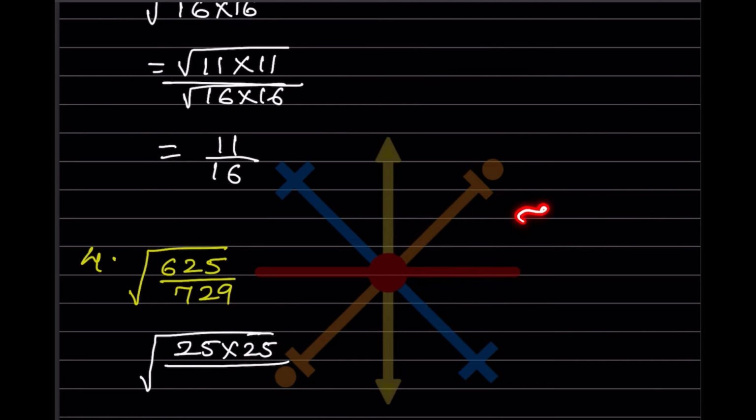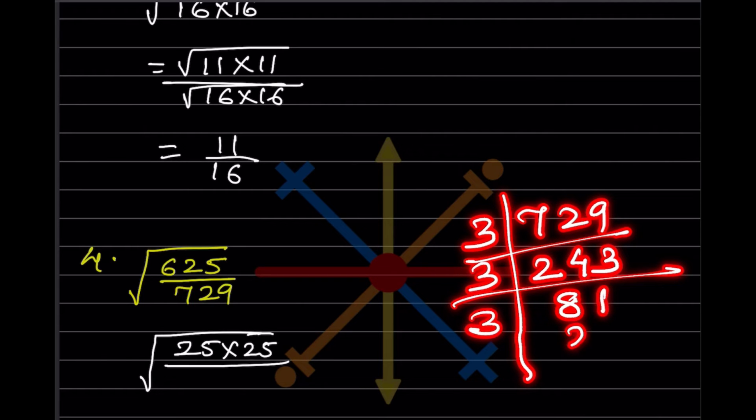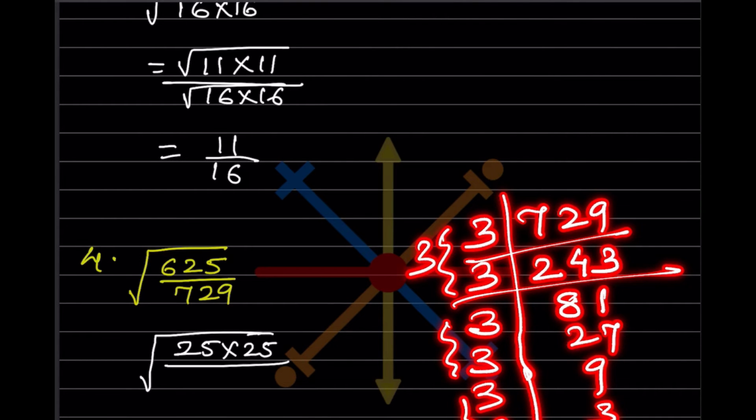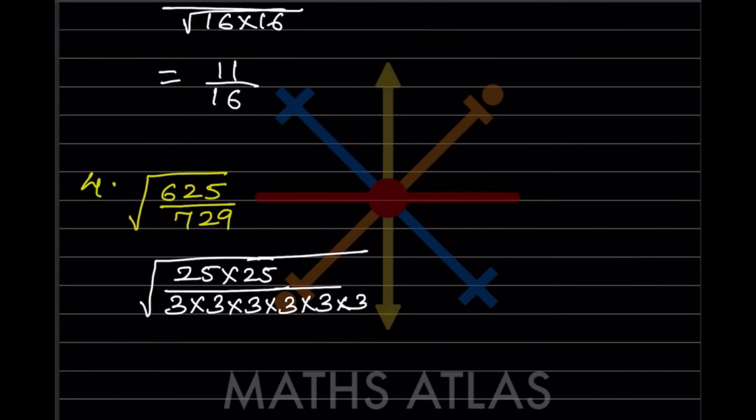Now let us see for 729 as well. So 3 goes with 3. Again this goes with 3. What you can see, how many 3s we can make pairs of? 3, 3, and this will be 3. So 3 3s are 9, 9 3s are 27. So you can also write 3 six times here.